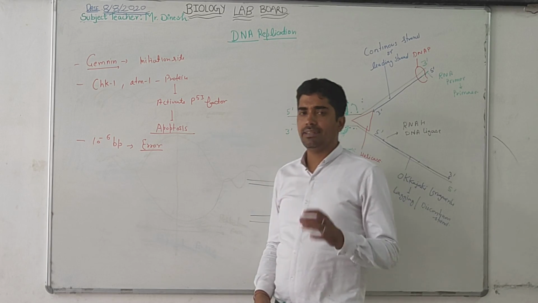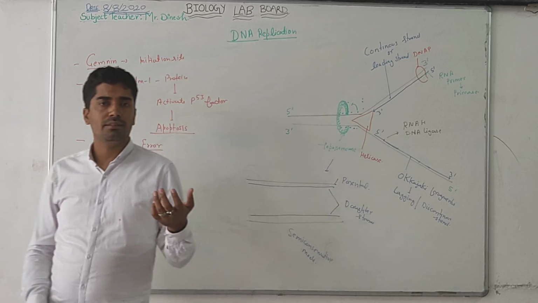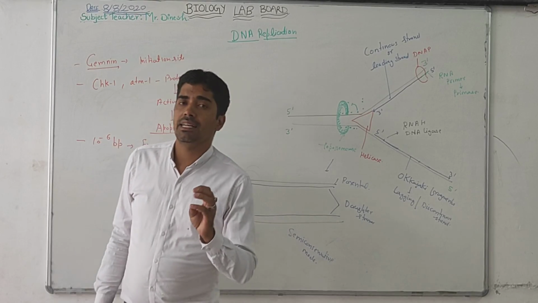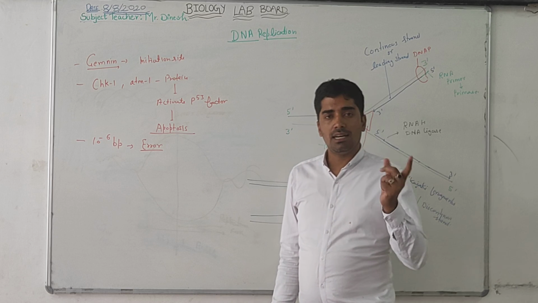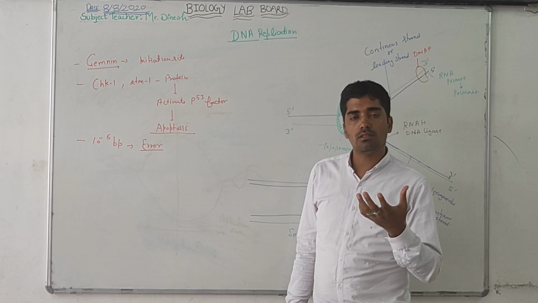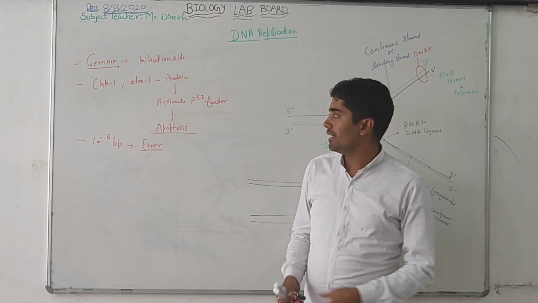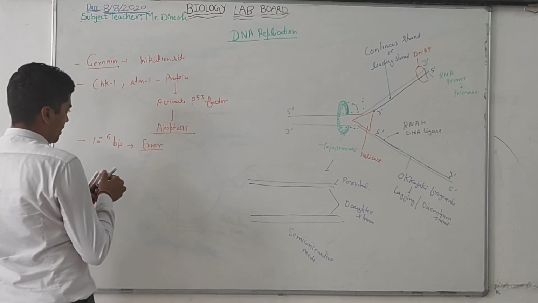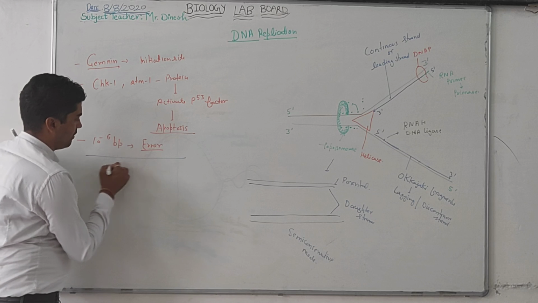Now here is one fact: where does replication take place? Replication can take place to synthesize the genome, to make 2 copies, and one will pass into the daughter nuclei. Secondly, we can write where replication occurs.